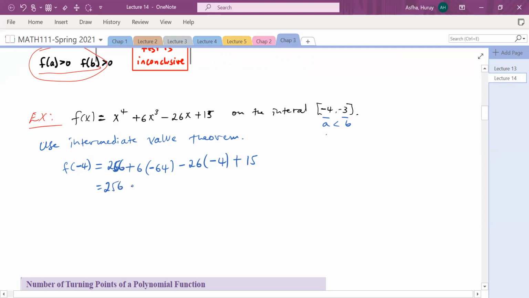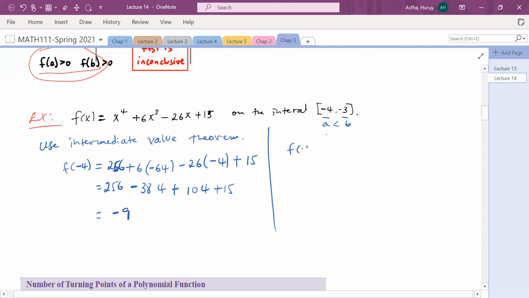So 256 minus 6 times 4 cubed, which is 64, and this is plus 26 times 4 squared, 104 plus 15. And if we add this, minus 384, so I got negative 9.